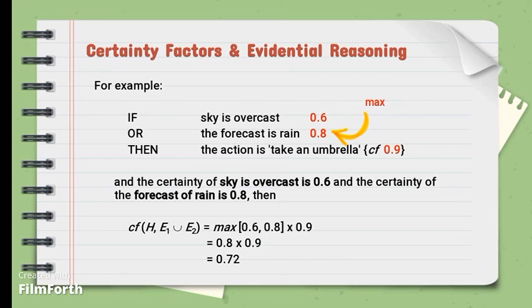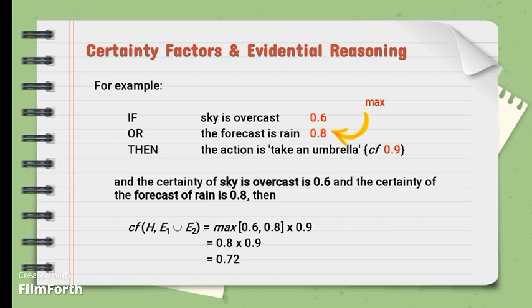I'm going to discuss the continuation of disjunctive rules and certainty factors. So this is the example of disjunctive rules. If sky is overcast or the forecast is rain, then the action is take an umbrella, which has the certainty factor of 0.9. The certainty of sky is overcast is 0.6, and the certainty of the forecast of rain is 0.8.